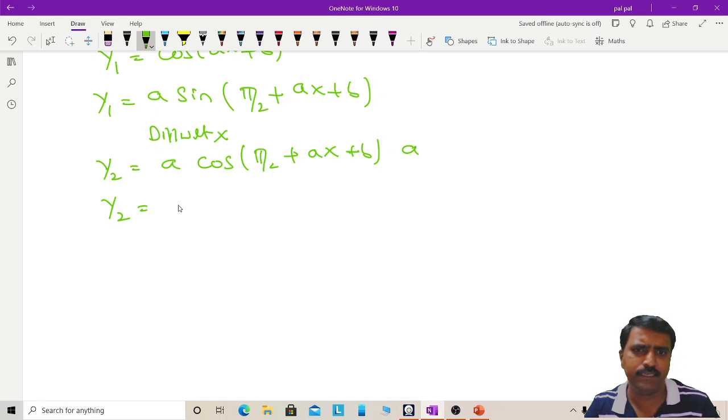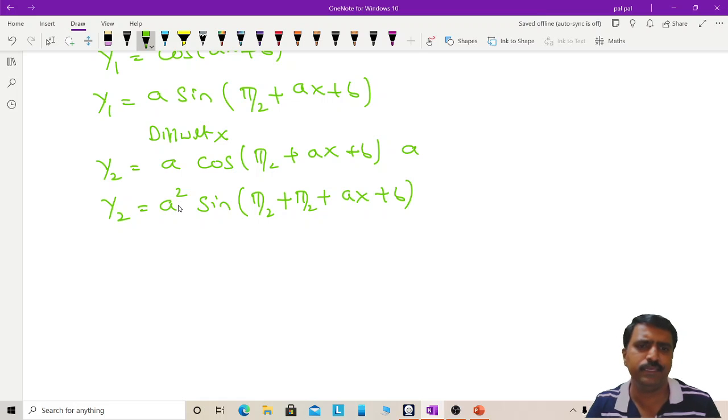y2 is equal to a into a, a square. So this cos can be written as sine 90 plus theta. Theta means this whole term, that is 90 plus ax plus b.